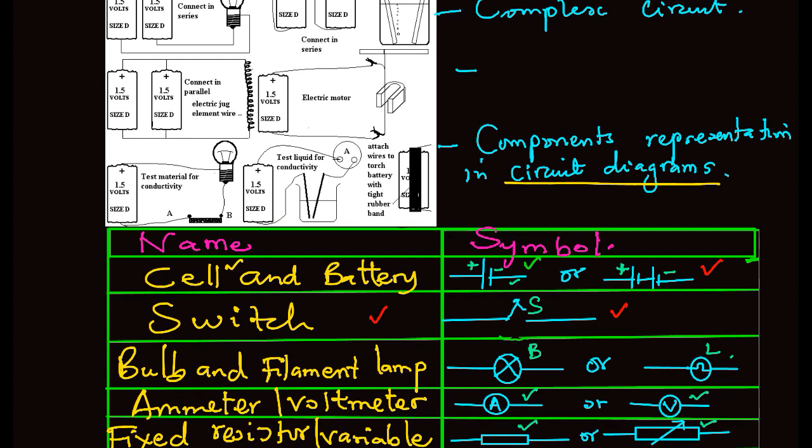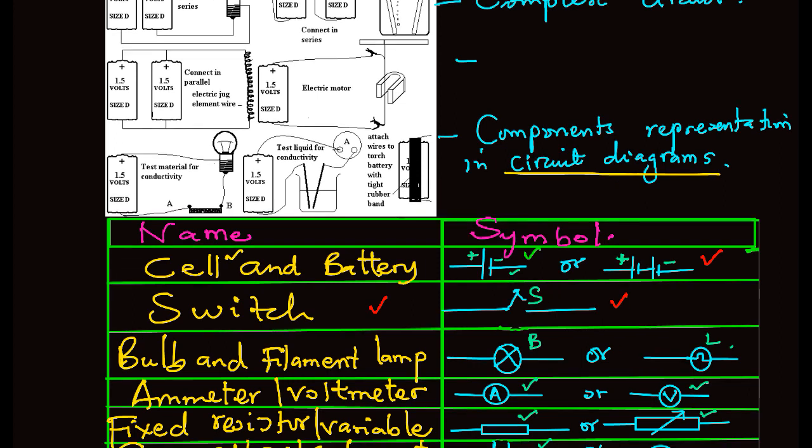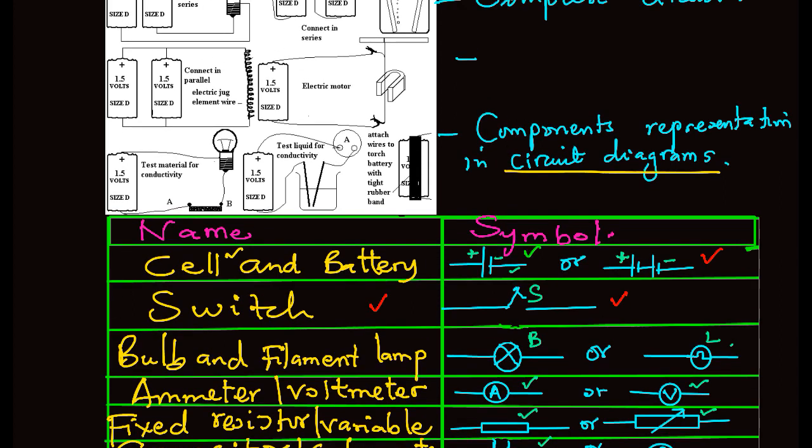We also have a bulb and a filament lamp. A bulb is represented by the diagram here, while a filament lamp is represented by this other diagram.